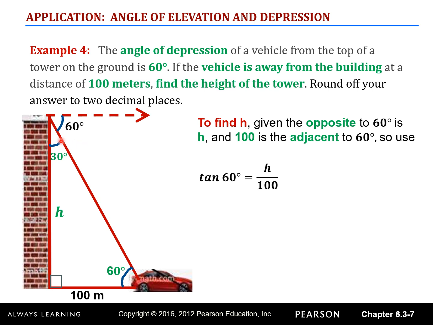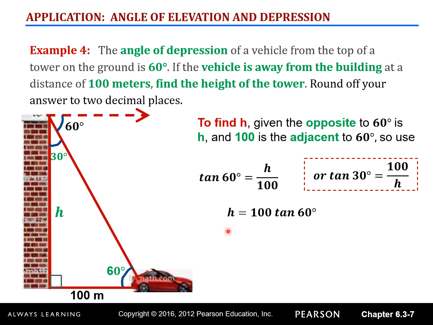Or if you are referring to this angle, which is 30 degrees, you can use the function tangent 30 degrees is equal to the opposite, which is 100, over the adjacent, which is h. So if we continue this equation, we will do cross multiplication. So h is equal to the product of 100 and tangent 60 degrees. And then using the calculator in degree mode, h is approximately equal to 173.21 meters.